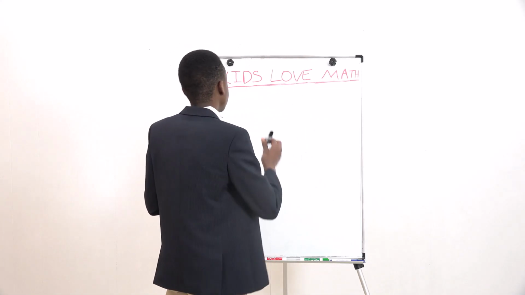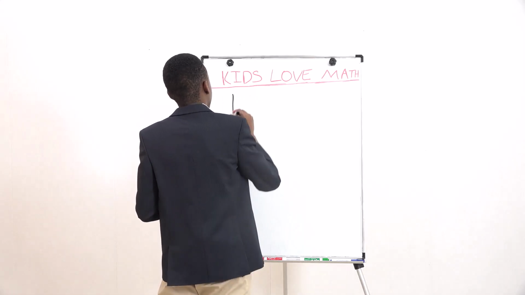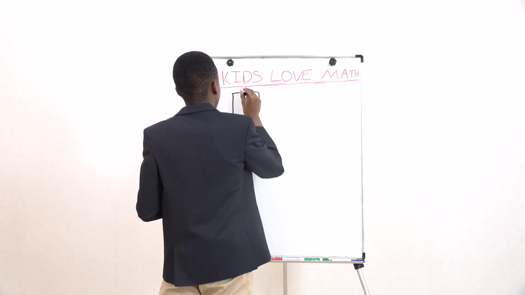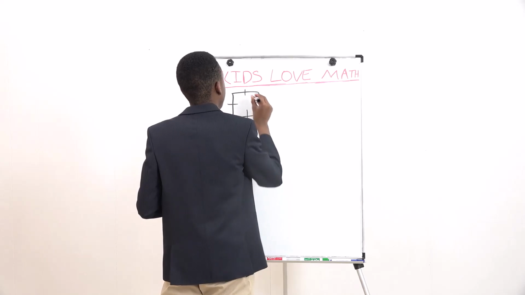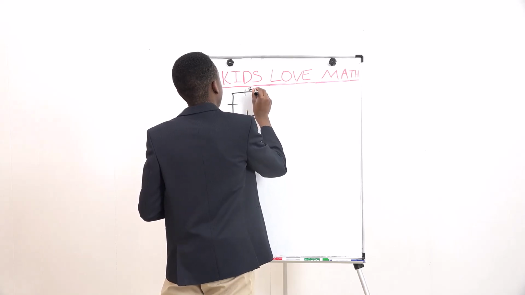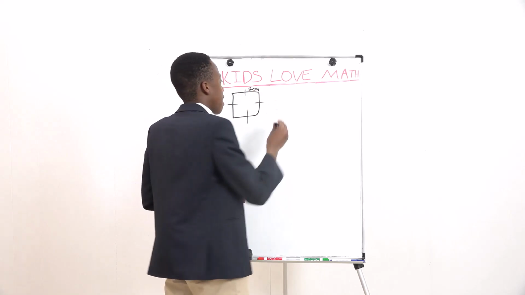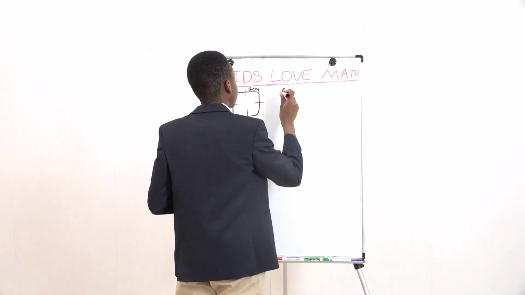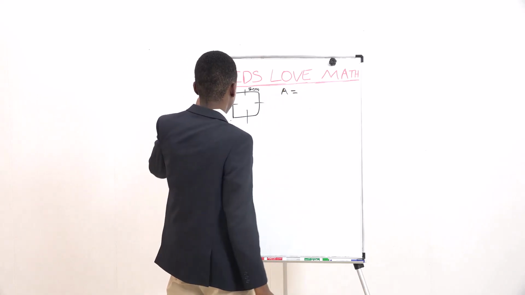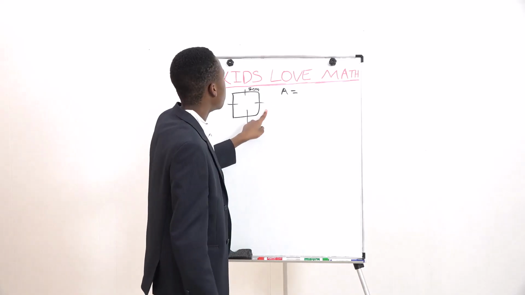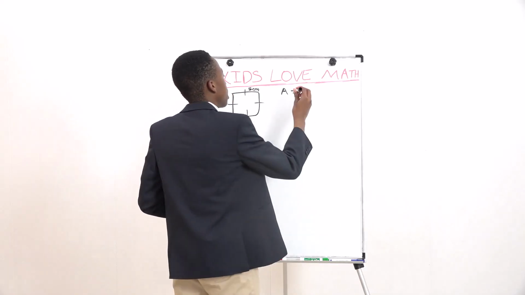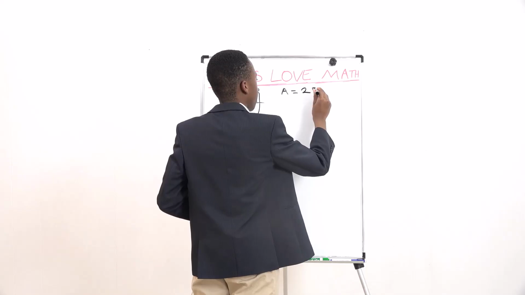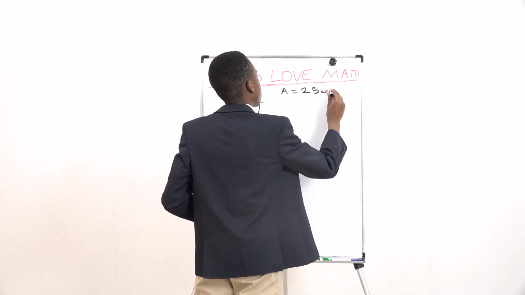And if we're given that question, for example, for a square, they're both parallel, and we have 5 centimeters up here. And they say find the missing number that will help you get 25 centimeters squared.